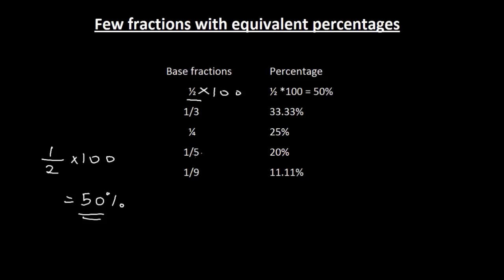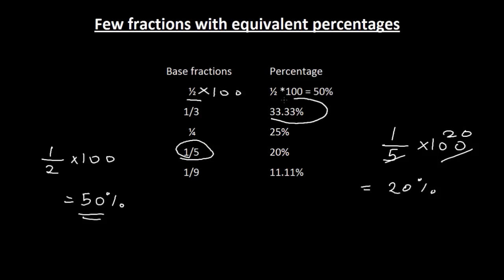Let's take another example. If we want to find the percentage equivalent of 1 by 5, we multiply it by 100 and what we get is 20%. Similarly, if we are given a percentage value and we are supposed to find its fraction value, we just divide it by 100.